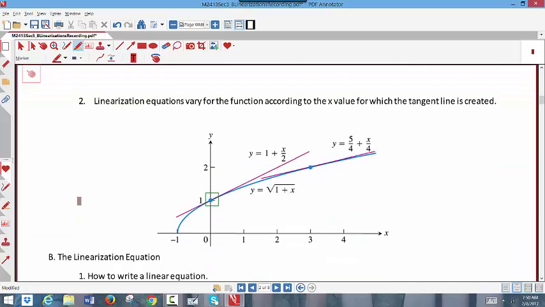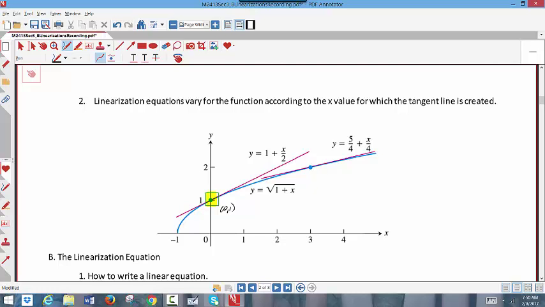Now let's take a look at another example. It says linearization equations vary for the function according to the x value for which the tangent line is created. At this x value, x is 0, so this would be the point 0, 1.